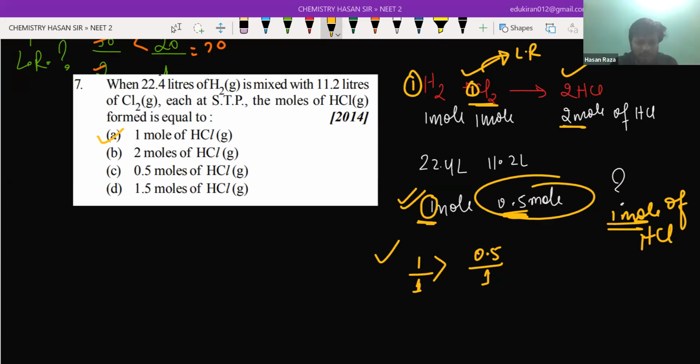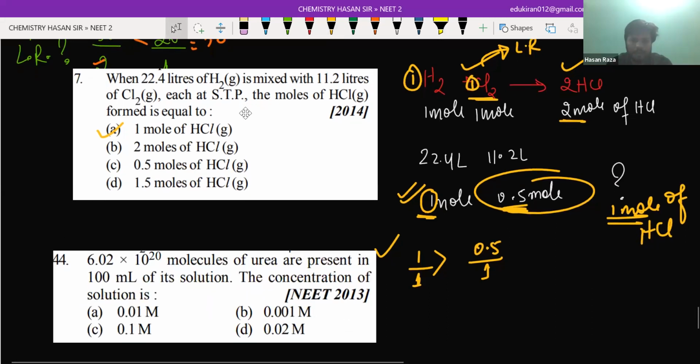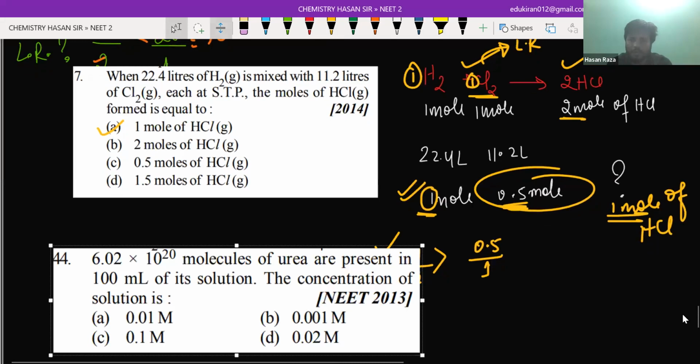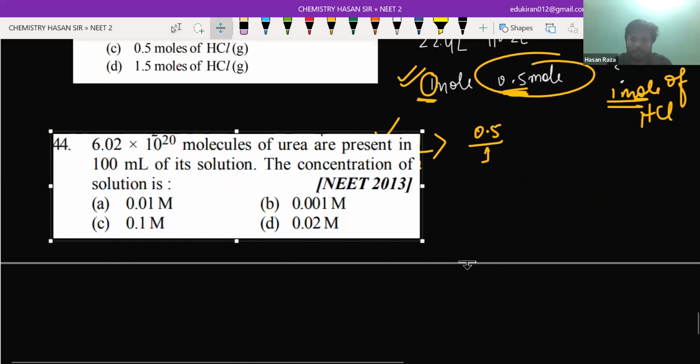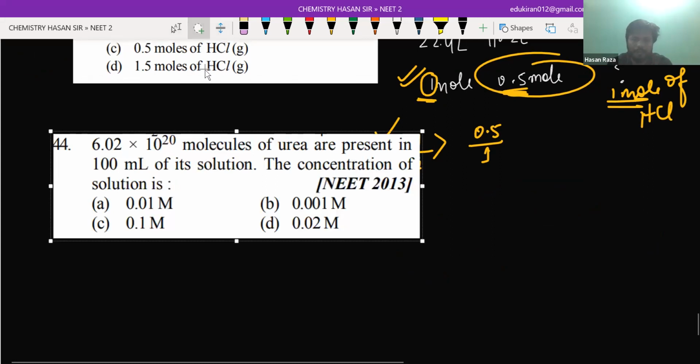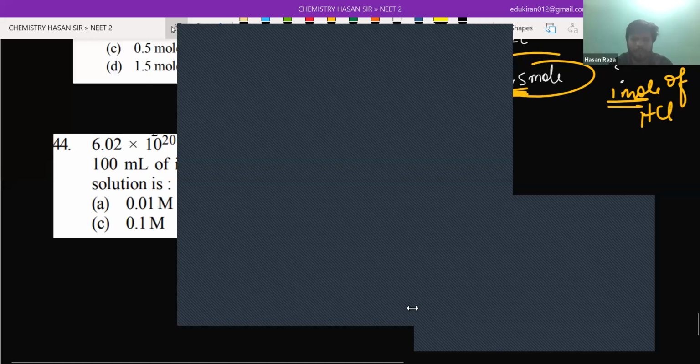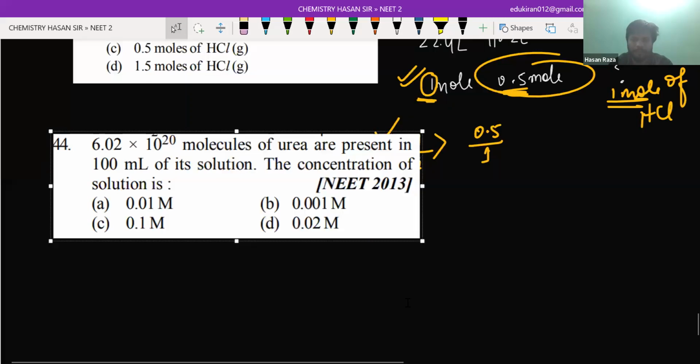Which chapter is going on in your class? Aisha and Rabia, which chapter is going on in your class?